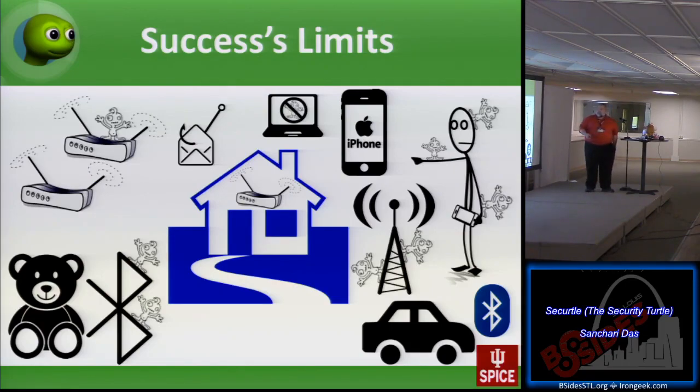But success has limits. And the risks are much greater than the places we've had successes. So, not all the routers are in the homes where users have control over them. They meet up with routers all day long that aren't theirs. We have trust that these routers are protected or locked or safe, but we don't know. We have devices that are wandering all day long, having communications with all sorts of different places.